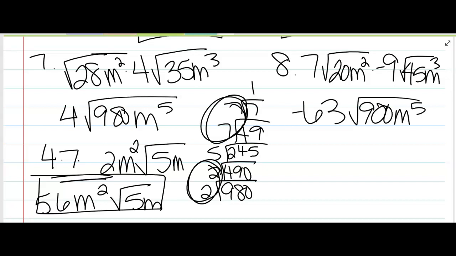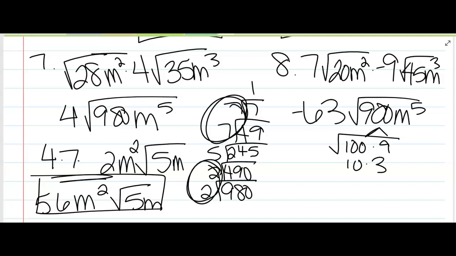Now, when we get to the caking part, I would definitely be on the lookout for these factors of 100, because 100 is usually an easy one to see. 100 is a perfect square factor. I could break down 900 into 100 times 9. And guess what? If I take the square root of 100, I get 10. And if I take the square root of 9, I get 3.